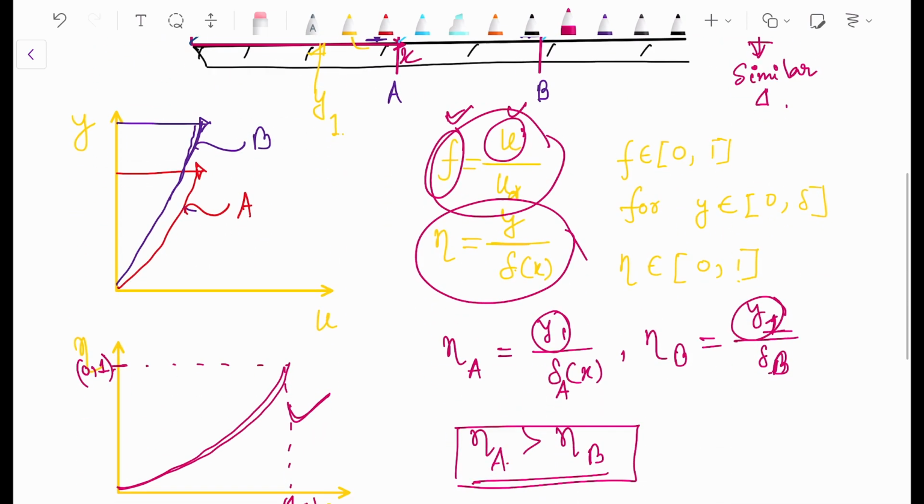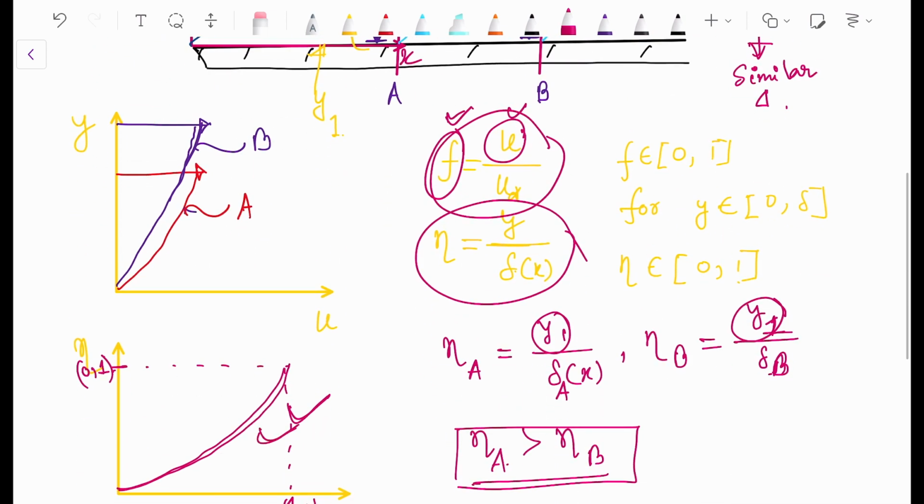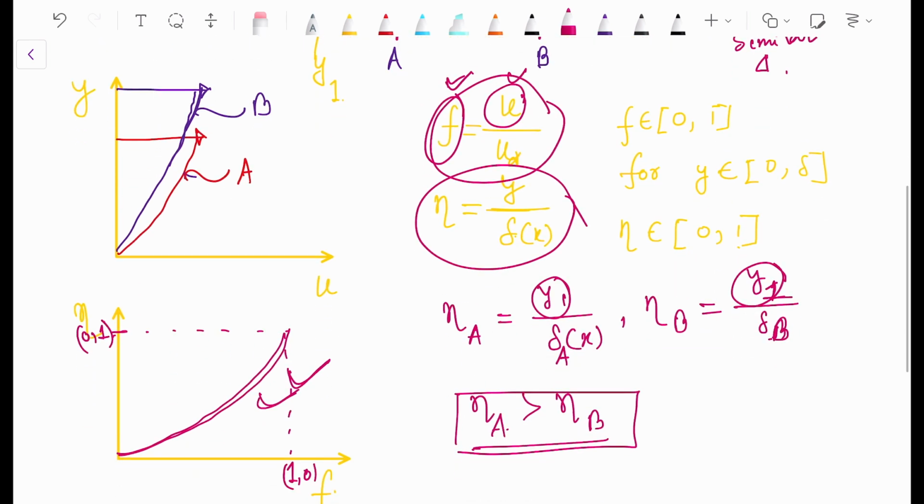This graph is representing all the velocity profiles.